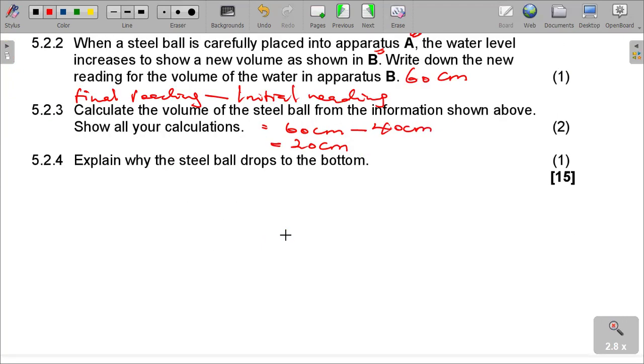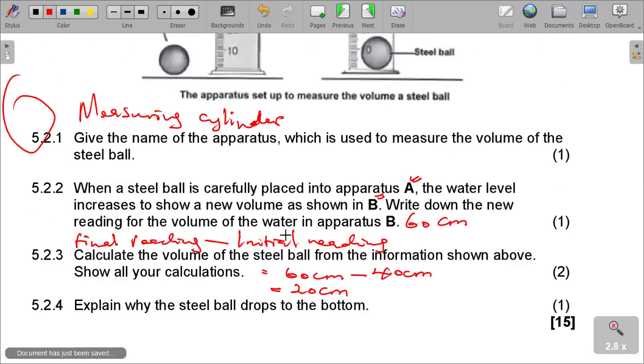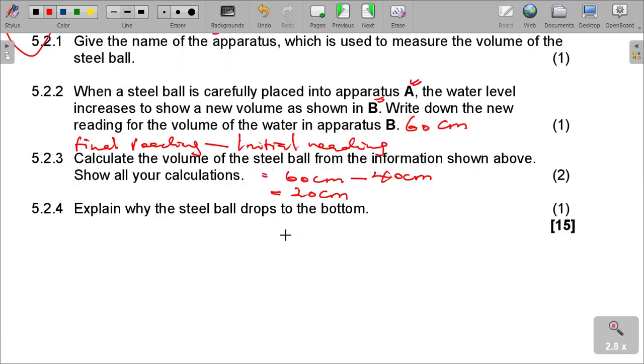Explain why the steel ball drops to the bottom. Because it is heavy, because of its heavy mass.